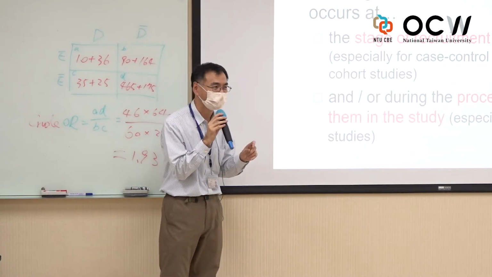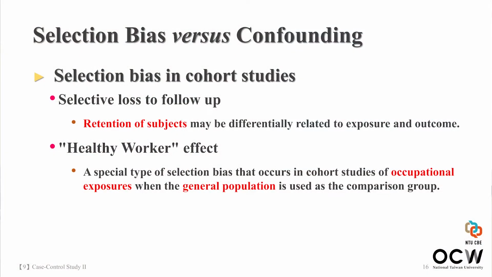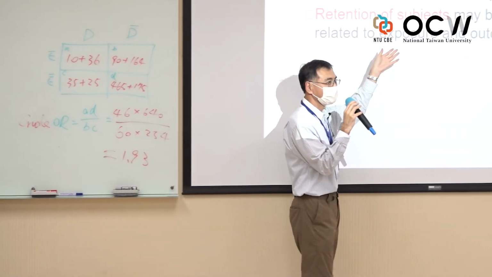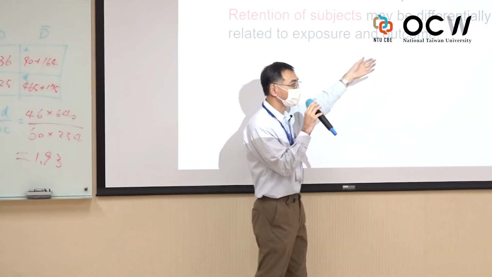So in cohort studies, the most likely way to have selection bias is selective loss to follow-up. Or we could say it's the retention of subjects differentially related to exposure and outcome. It has to be related to the exposure and also the outcome.